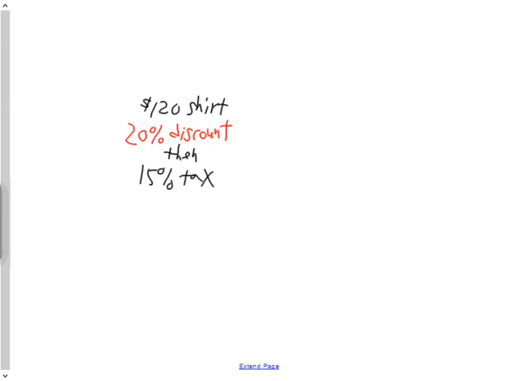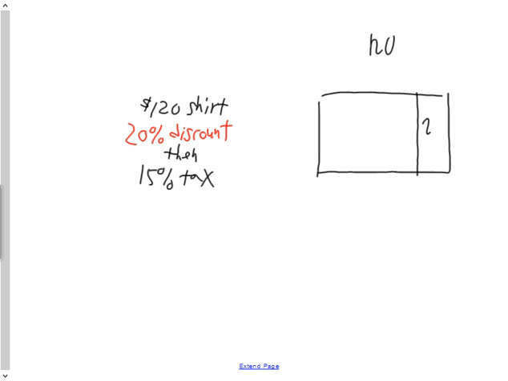Your second last question gives you a $120 shirt and says you're going to get a 20% discount and then 15% tax. So if we think about this shirt as being this rectangle and it's $120, then percentage-wise, a 20% discount means you're going to remove 20% from the cost, which means you are going to pay for 80% of the $120 shirt.